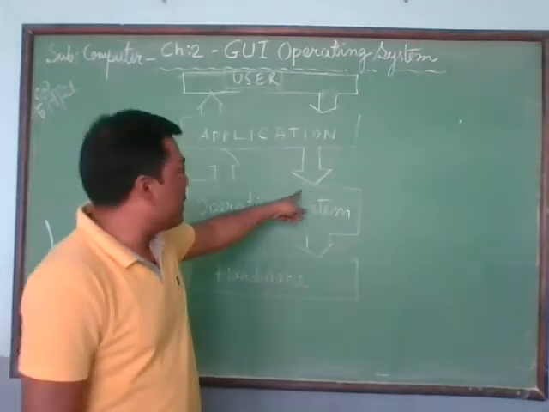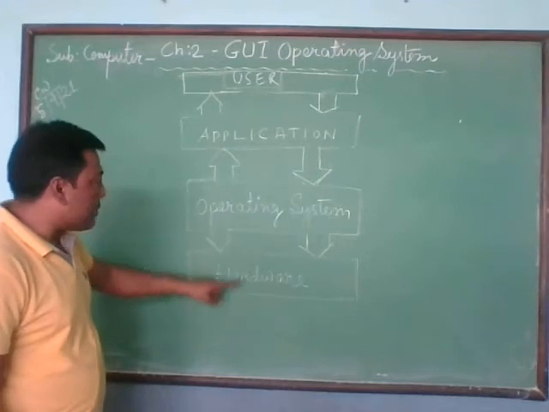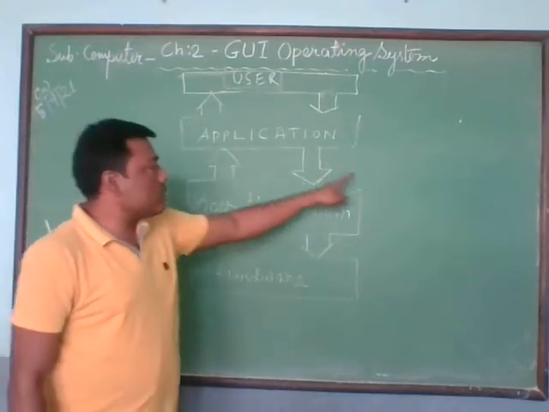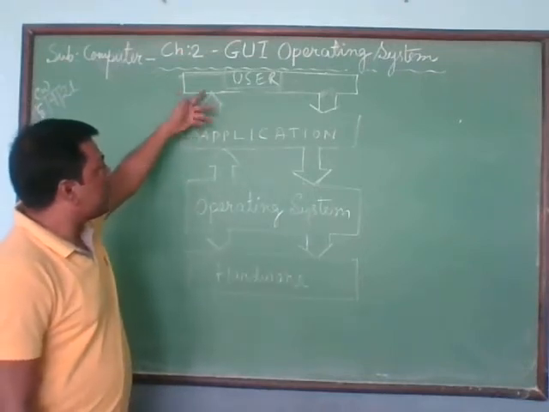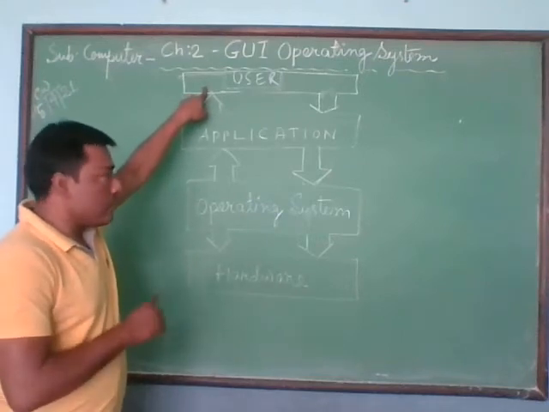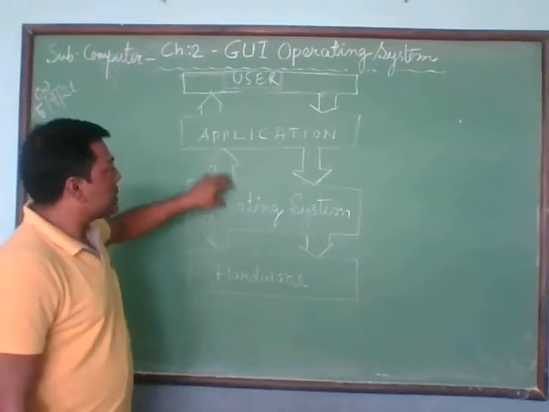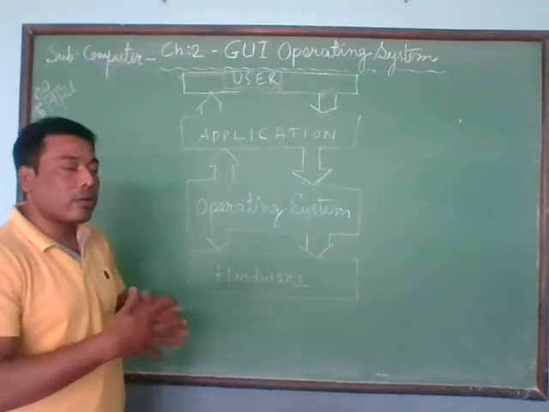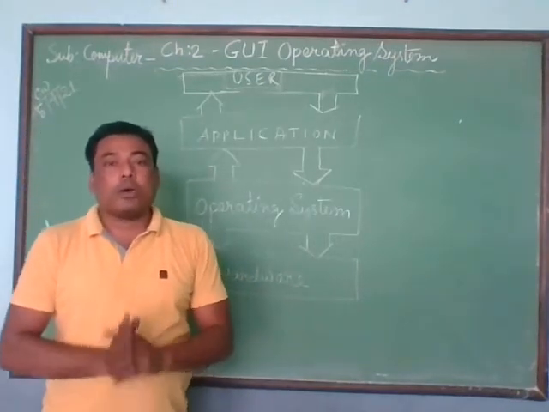Let's look at the board here: user, application, operating system, hardware. So here the operating system plays the vital role in how they contact and interrelate, how the user uses the application software, which the operating system controls. And the operating system also controls the hardware connected with the computer: printer, monitor, keyboard, mouse.